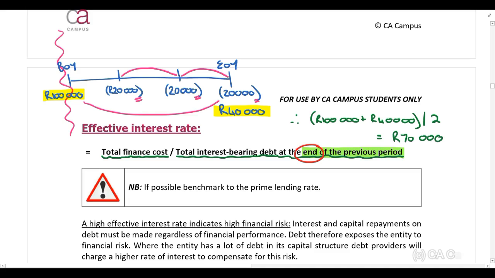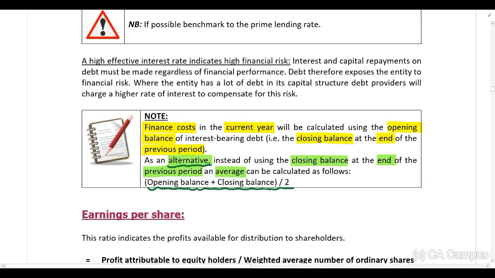So it makes sense to use the opening balance at the beginning of the year or the closing balance at the end of the previous period if there's only one payment per annum. However, if there's more than one payment per annum, then it makes more sense to calculate an average and use the average.